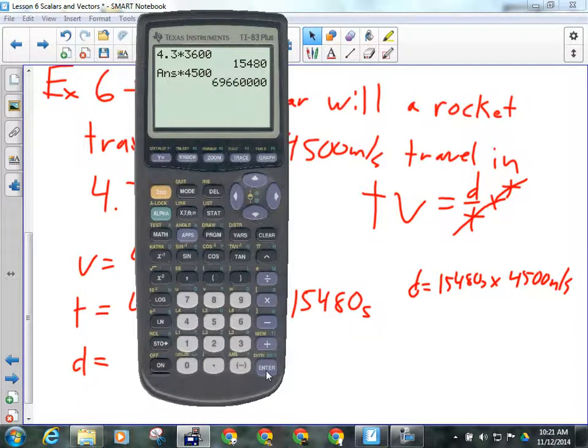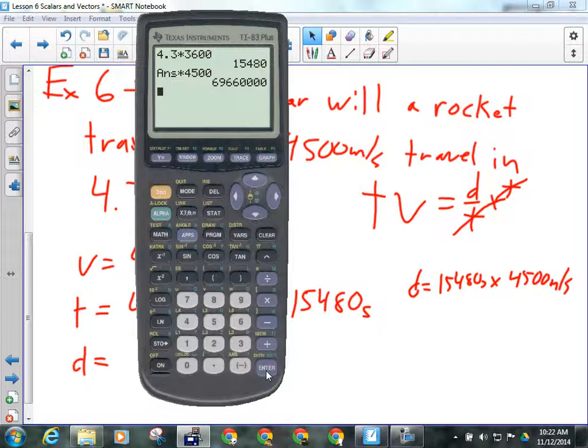All right. Pretty far. So we're looking at 69,660,000 meters. Very far, if it was traveling at that speed. Now, 4,500 meters per second. Does that sound fast? On Earth that would be incredibly fast.